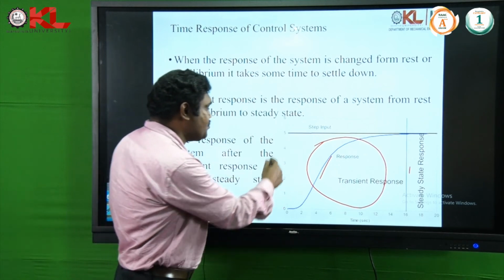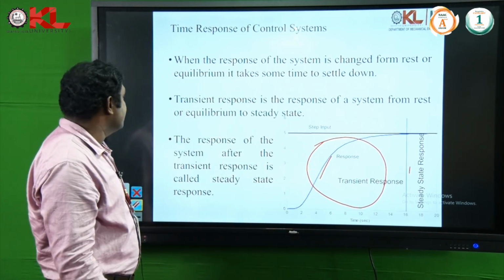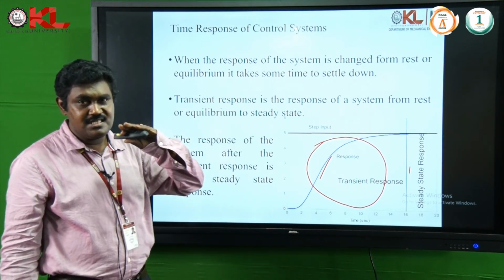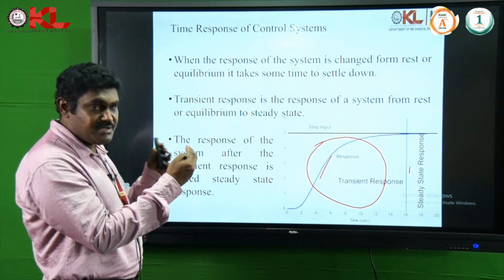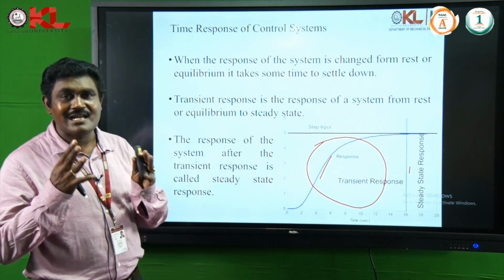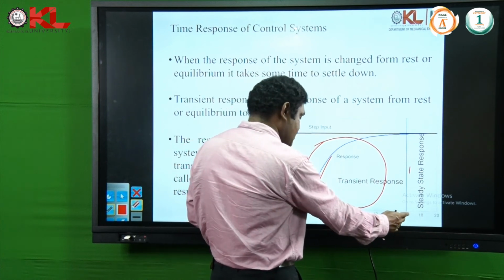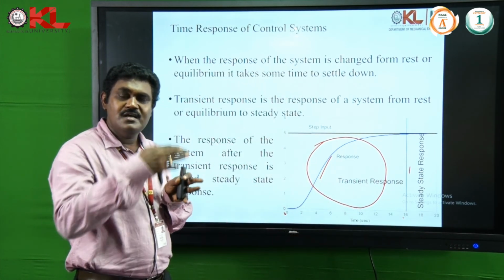You can easily explain this with the help of this graph and how the signal is varying. So, when the response of the system changes from rest, because initially it is at rest, to equilibrium, it takes some time to settle down. In this case, that time period is 16 seconds. Within 16 seconds, it will come to the steady state.